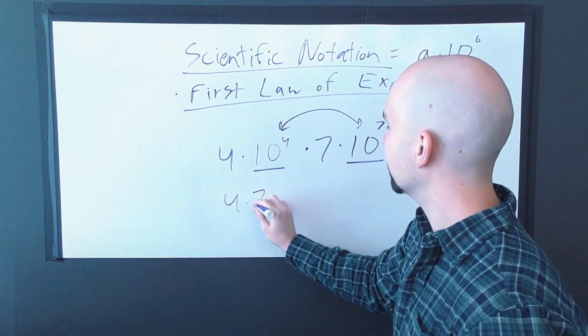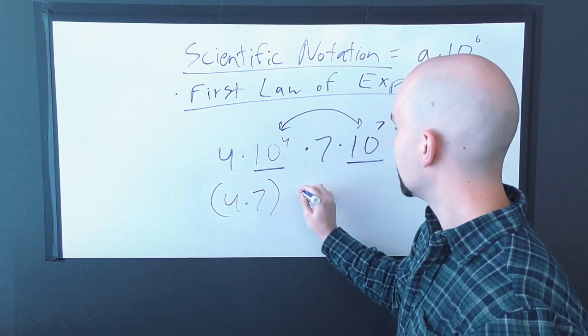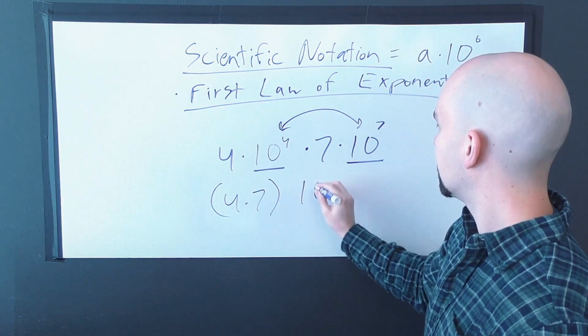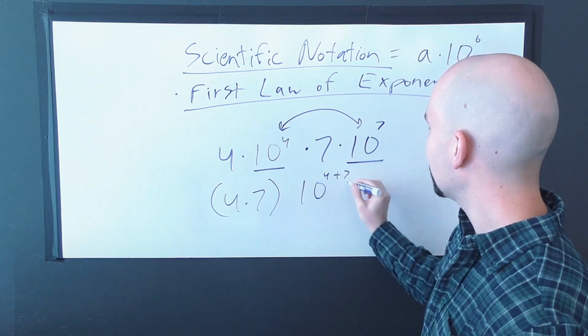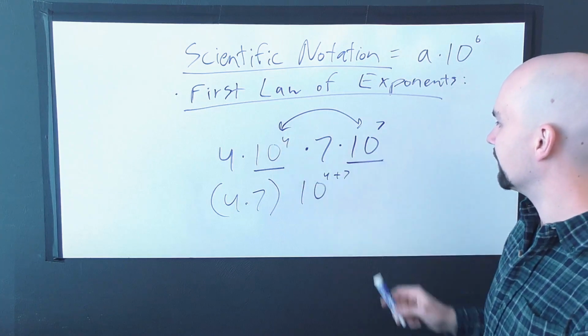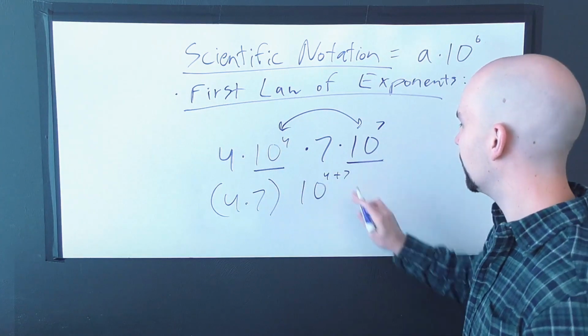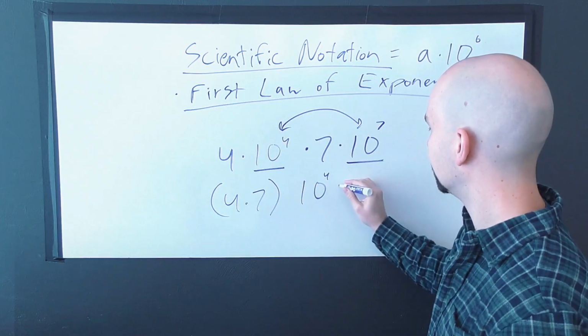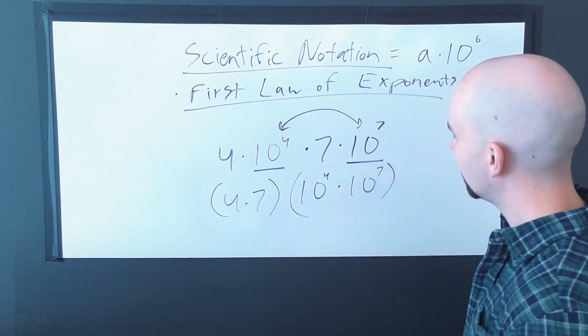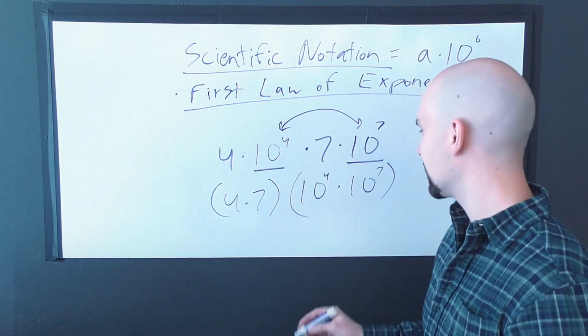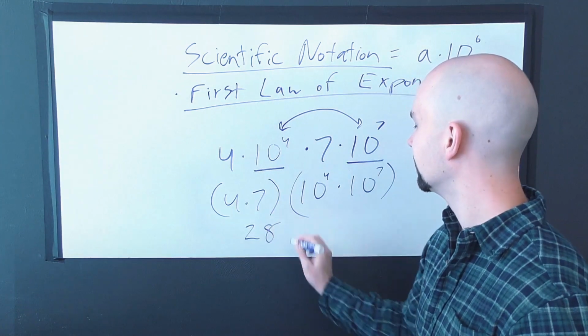4 times 7 times 10 to the power of 4, and I'm actually going to add the power of 7 there. Or if you wanted me to write it differently, like that. All right, so what's 4 times 7? 28.